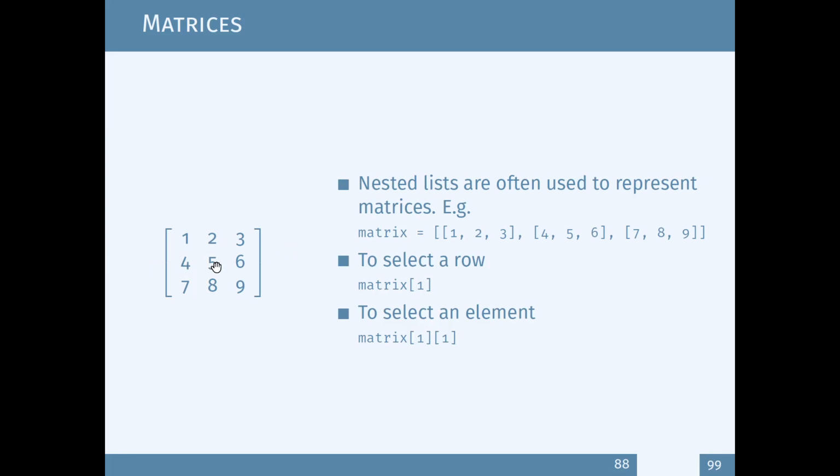In each row we have 3 elements, and then we have 3 such rows. The trick that we are going to use is to create nested lists. So for the whole matrix, we will create a list. And then each row we separate. So you can see 1, 2, 3 is one list, 4, 5, 6 another list, 7, 8, 9 another list.